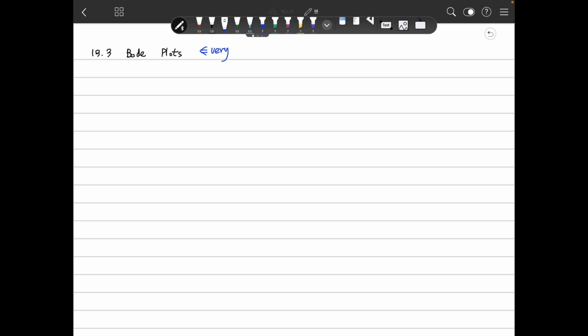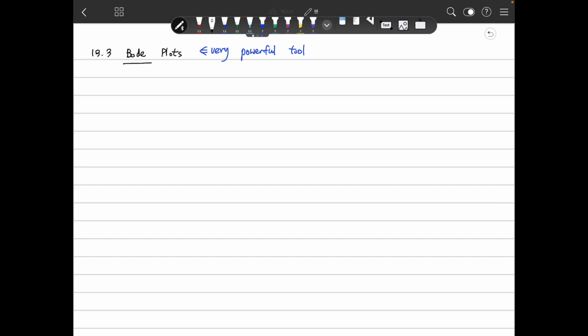It is a powerful tool, not only for the analysis of filter circuits, but for all circuits. So the Bode plot is one of the most frequently used tools in the engineering process.